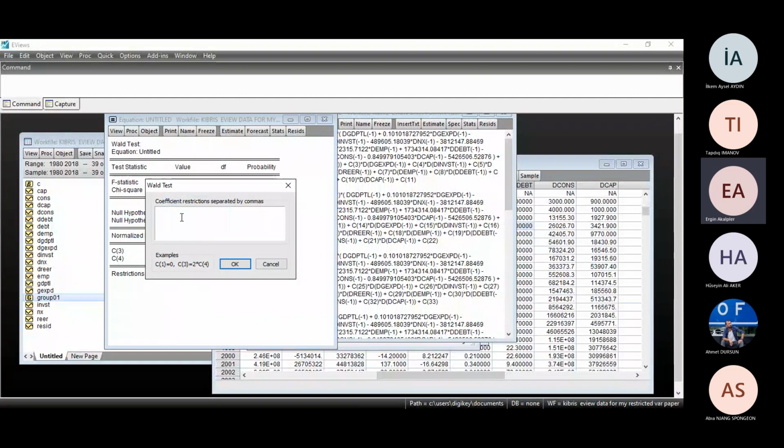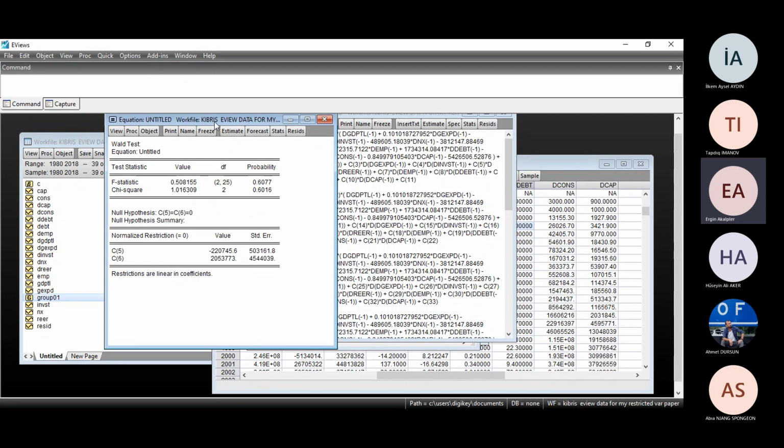Let's say C5 is equal to C6 is equal to 0. And we will do again, it's changing again. You see now it's not stationary.